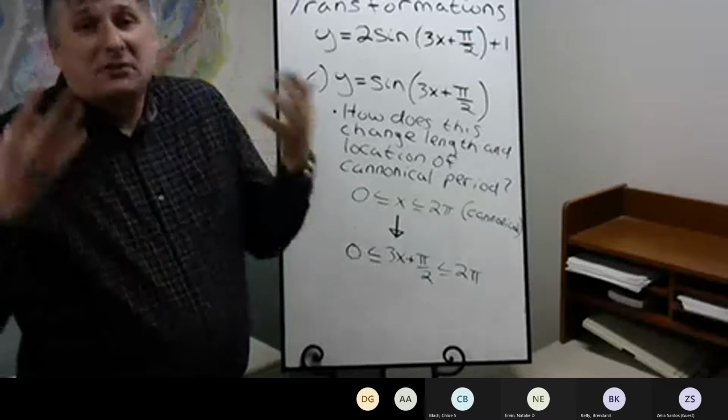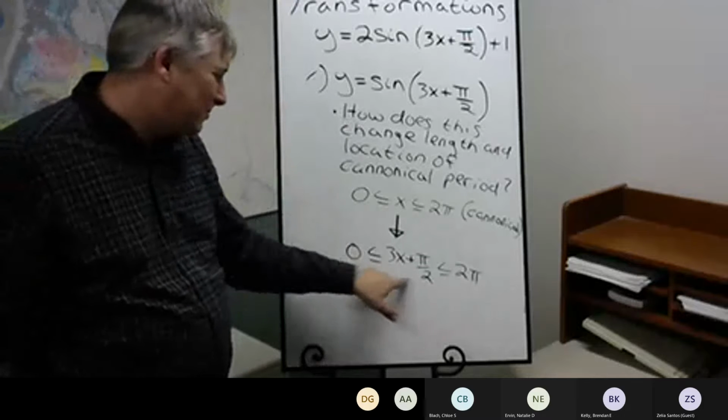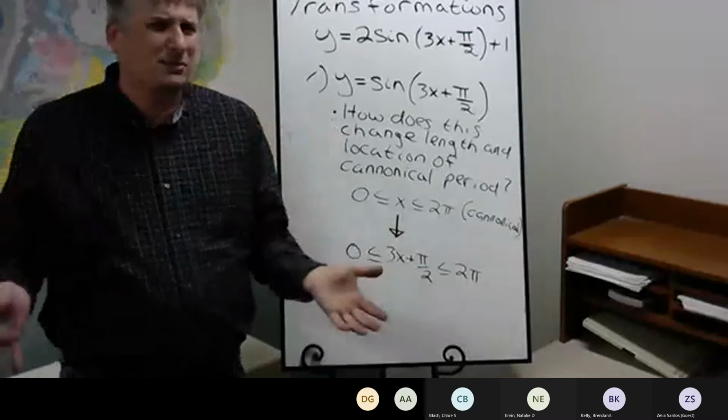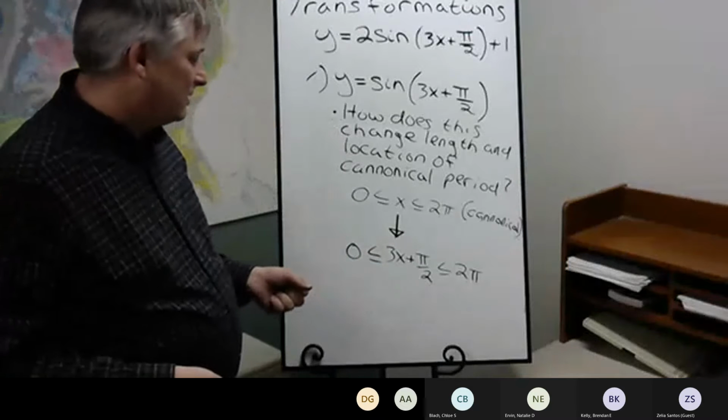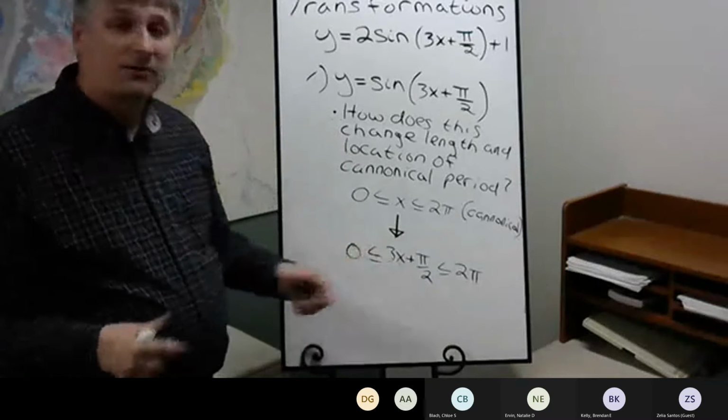But we can unmask theta and show that theta is more complicated. It's just 3x plus pi over 2. So let's solve for x.